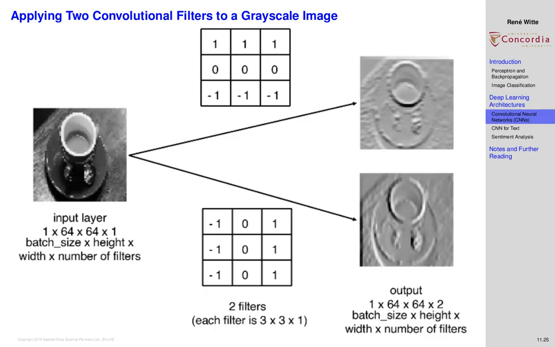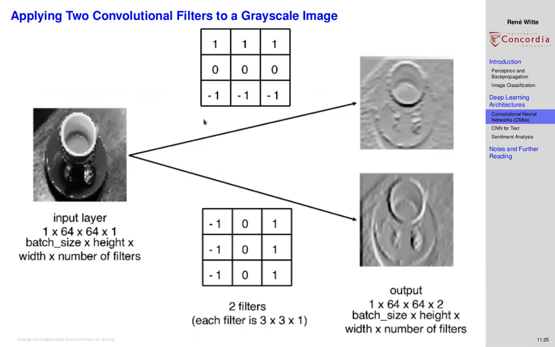It has these filters that can recognize or emphasize certain features in the input. For example, here we have 2 filters that can emphasize horizontal lines in an image or vertical lines in an image. So when you process the input image, what you do is you take this filter and then basically you slide it over the image from beginning to end.